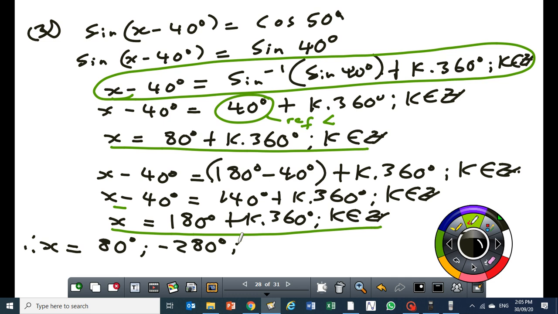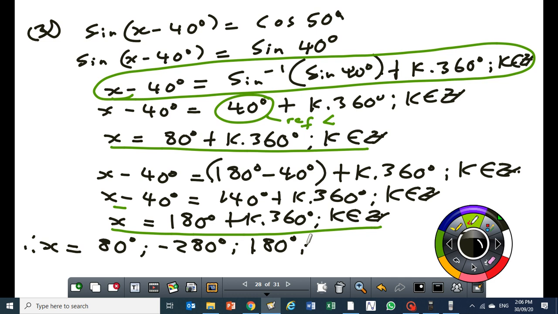The second one, if I put k equal to 0 here, 0 times 360 is 0, but I have the 180 there, so 180 is the solution. Then if I put k equal to 1, 1 times 360 is 360 plus 180, I'll get 540. I don't want 540. If I put k equal to minus 1, minus 1 times 360 gives me minus 360.